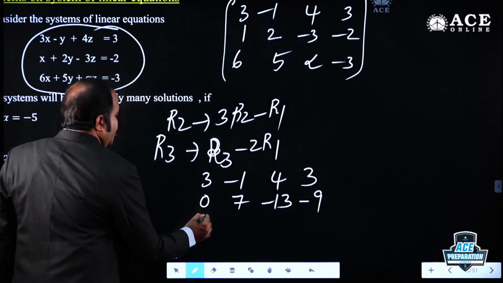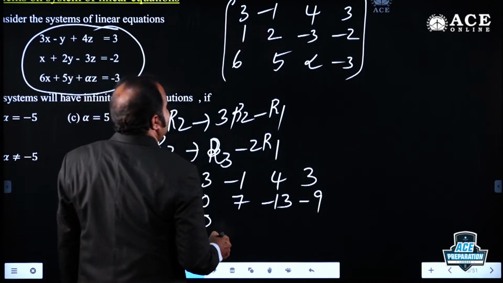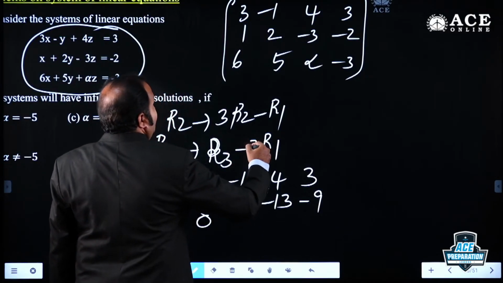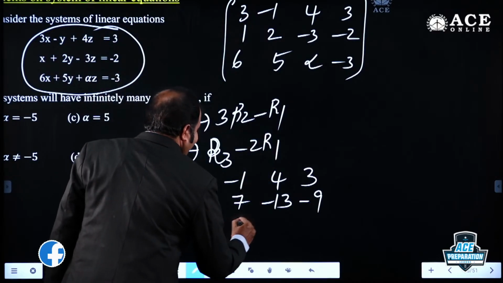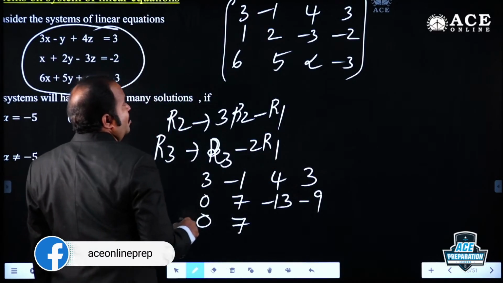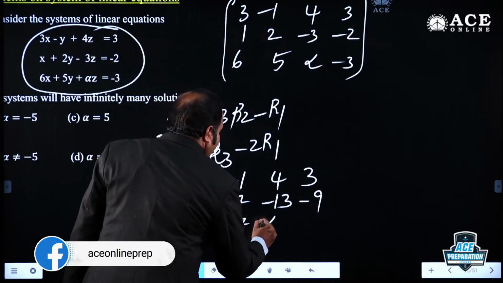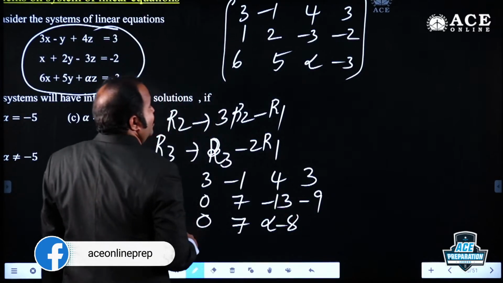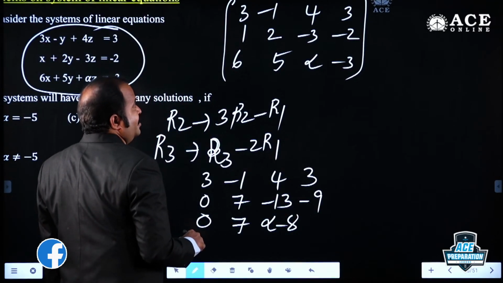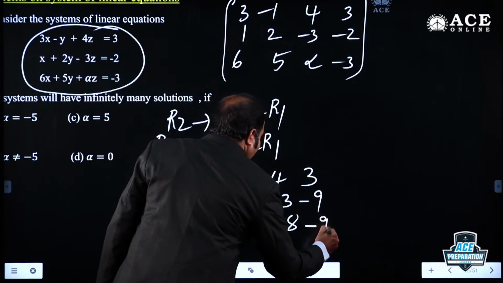Third row: 0; 2 fives are 6 minus R3 minus 2 R1, 5 minus minus 2 is 7; next alpha minus 8; next minus 3, minus 6, minus 9.